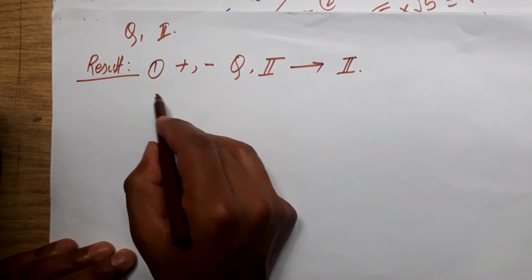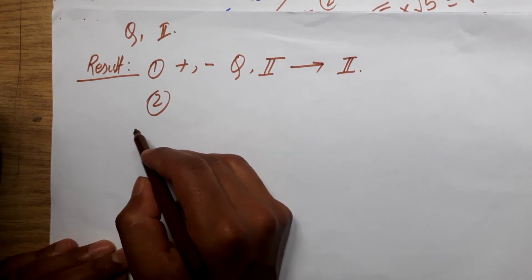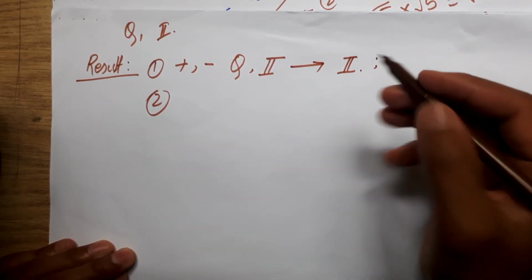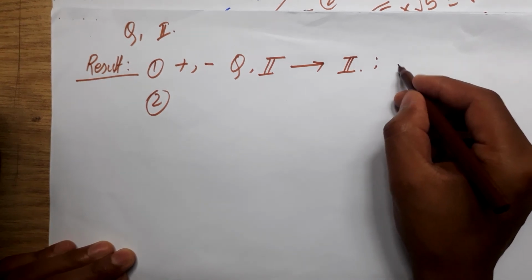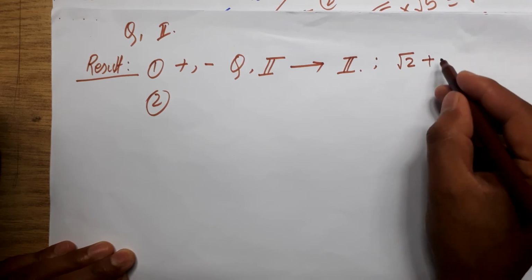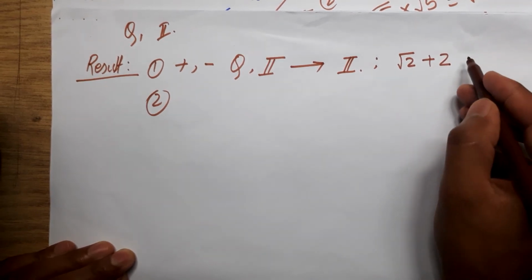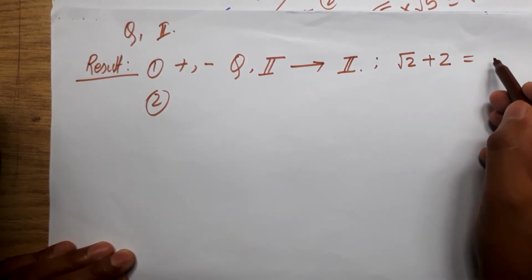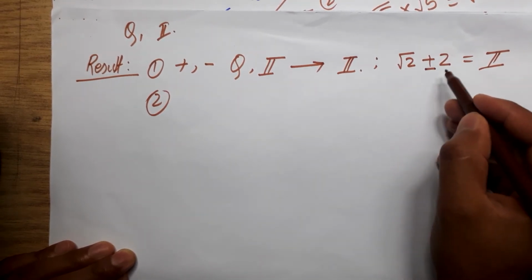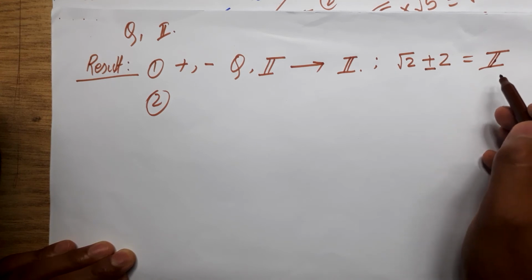Number 2, first we'll see an example. Suppose root 2 is irrational and 2 is rational. So when we add them the result is again an irrational number. And similarly, when we subtract them, the result is again irrational.